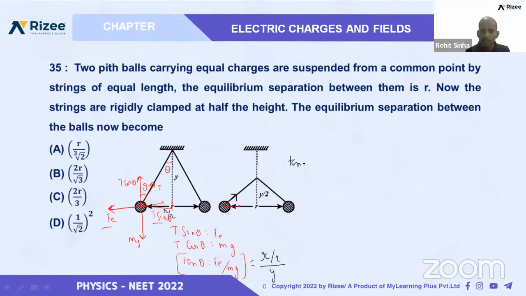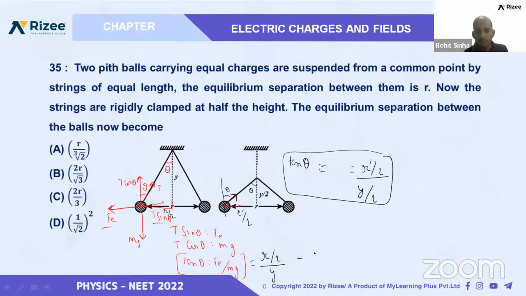You will get the tan theta expression like this only. Let us suppose this is r dash, so this will be r dash by 2. You will say tan theta is equal to perpendicular r dash by 2 by y by 2. Now you equate equation 1 and equation 2, and after equating you will get the answer.